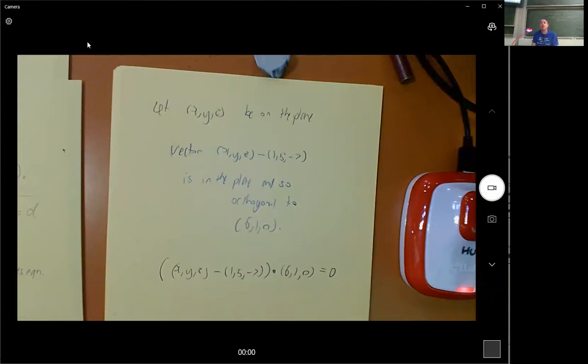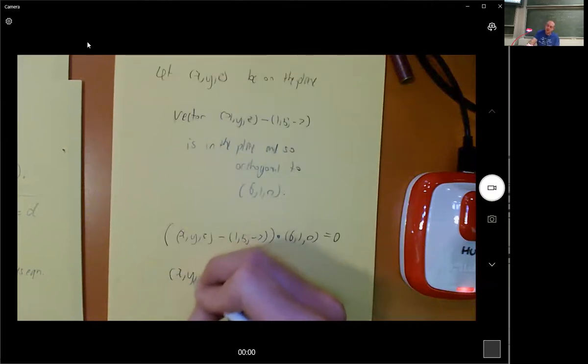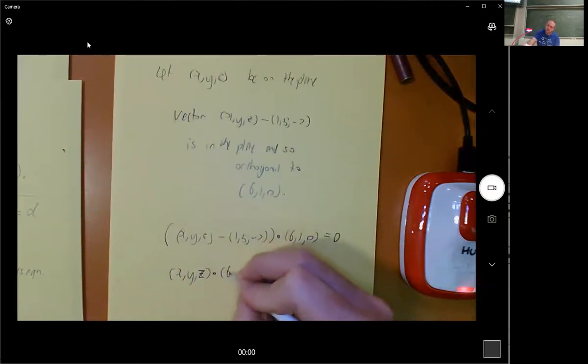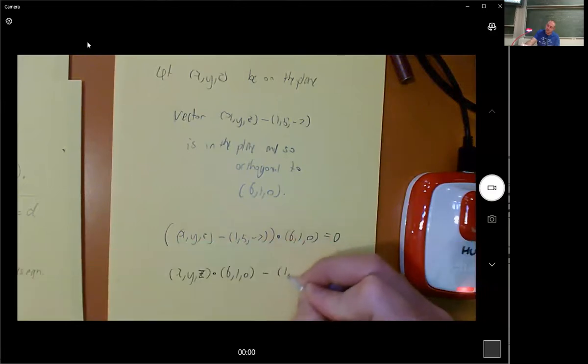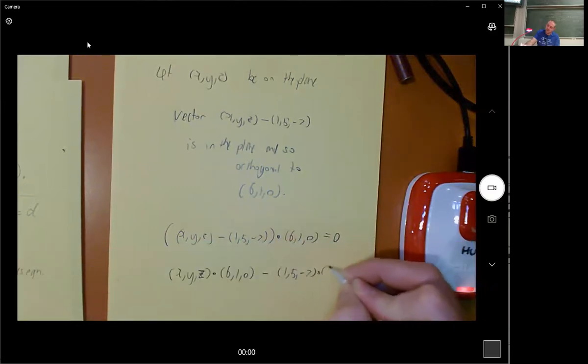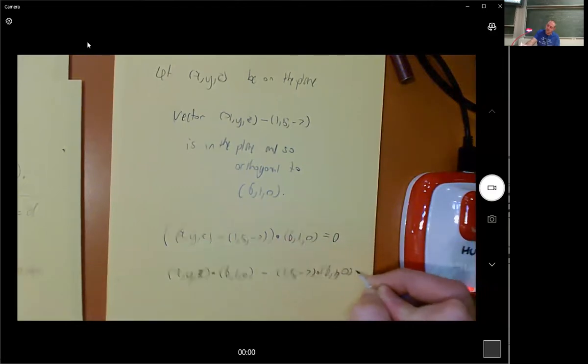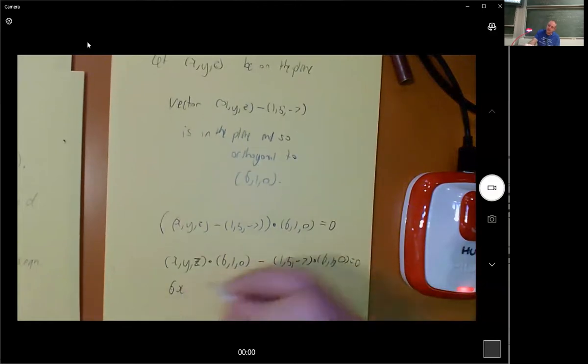And that can allow you to find the equation of the plane as well. Expand this out and you'll get the answer. So you'll get x, y, z dot with 6, 1, 0 minus 1, 5, minus 7 dot with 6, 1, 0 is 0. 6x plus y with no z's minus whatever this answer works out to be, which is 11, is 0.